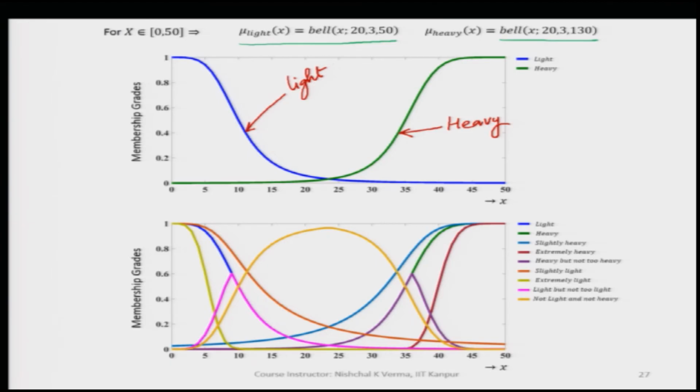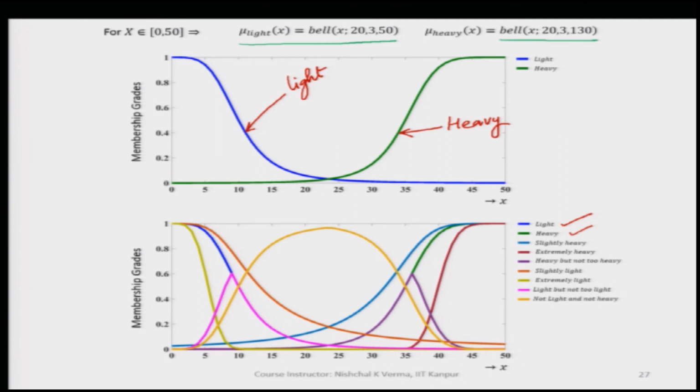So, when we have these two primary terms, you can see when we obtain the linguistic hedges and thereby the composite linguistic terms and their representation as fuzzy sets, this blue colored fuzzy set is for light, and here we have the green colored fuzzy set for heavy.